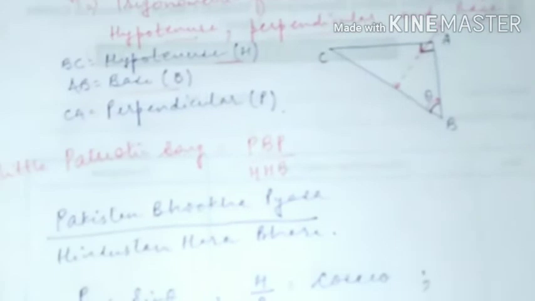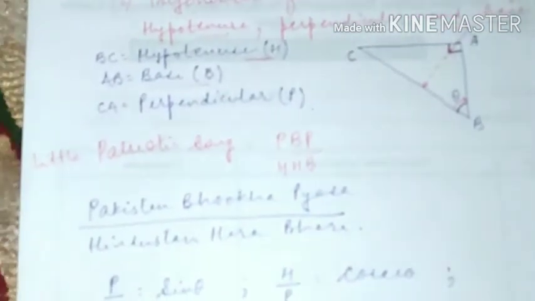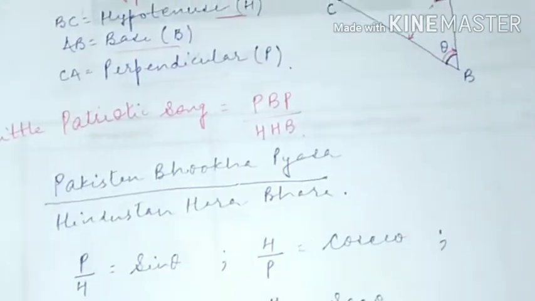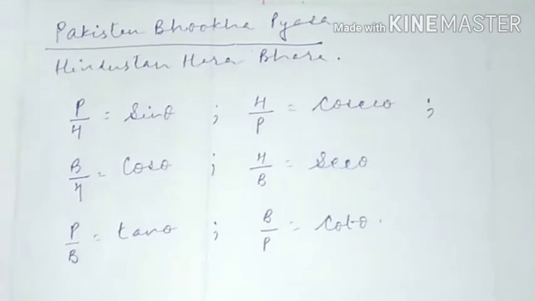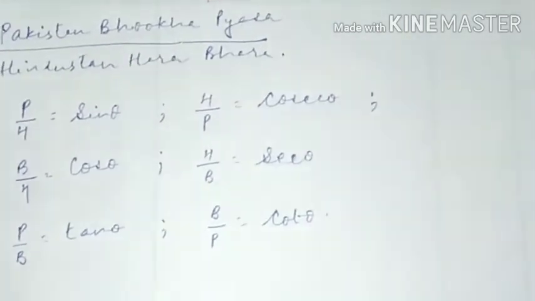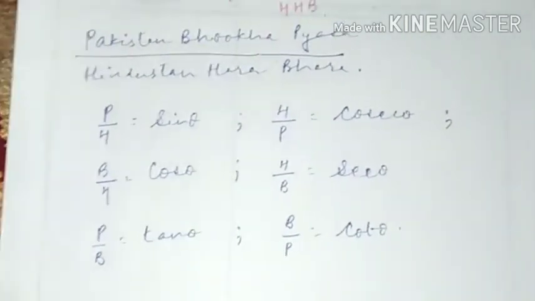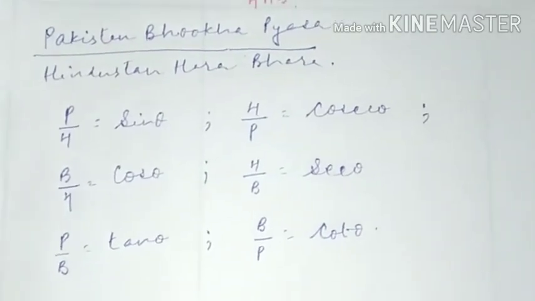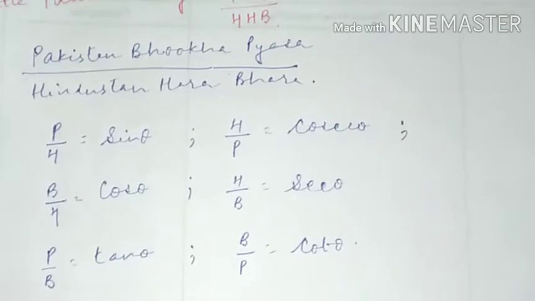It is "Pakistan bhuka pyasa and Hindustan hara bhara." So how will I use this song for solving a trigonometric problem? You can easily use this very interesting trick to solve your trigonometric problems. So how will I use this trick?